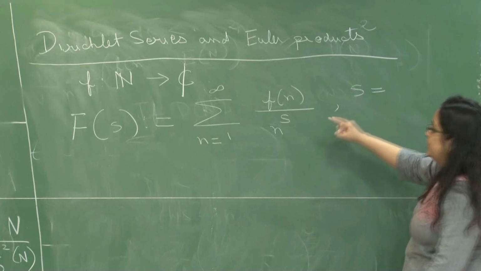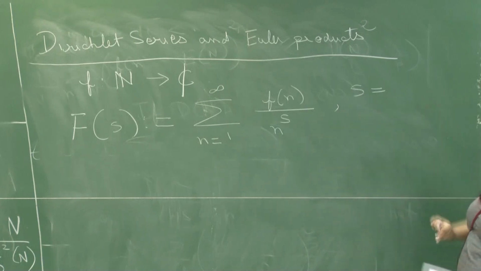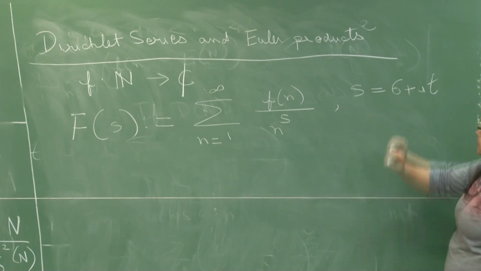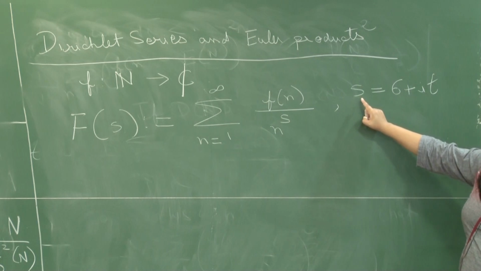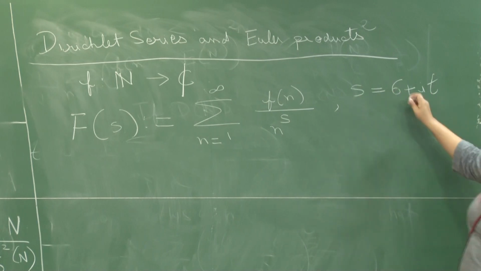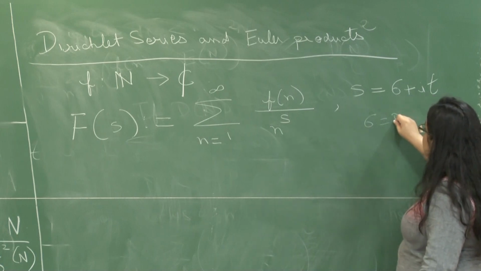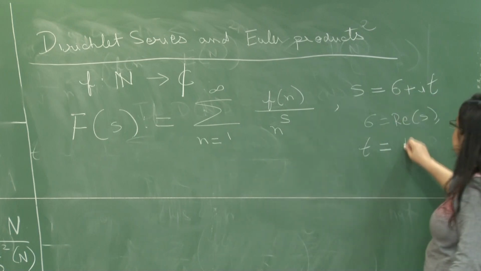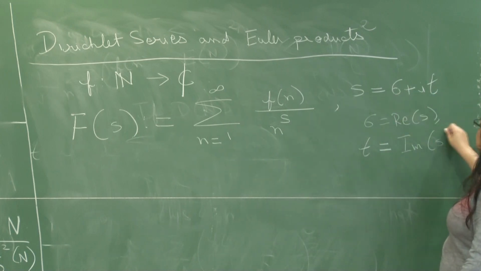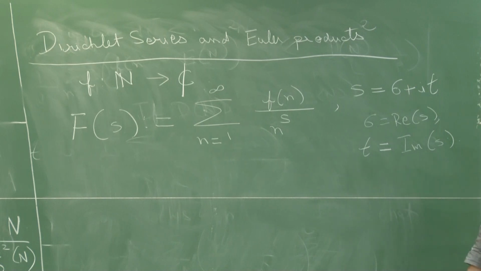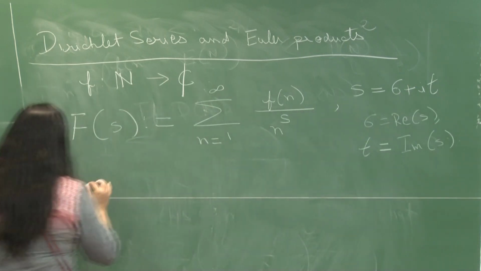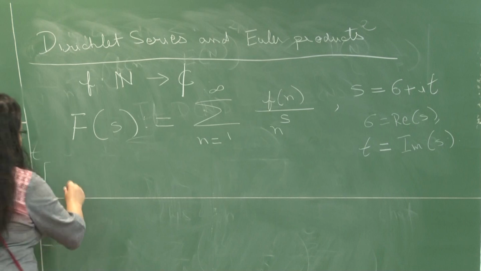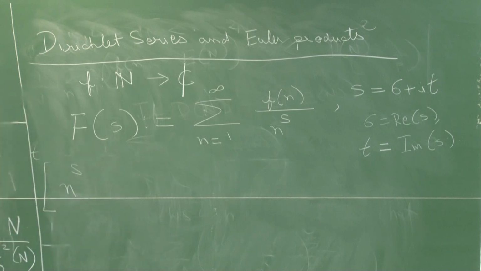So let's just learn some notation that we are going to stick to for the rest of this class. I'm going to take a complex number s and write it as sigma plus it, where sigma is the real part of s and t is the imaginary part of s. Okay. Now a small distraction. What does this n to the s actually mean for a complex variable?